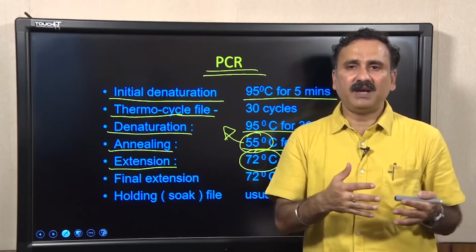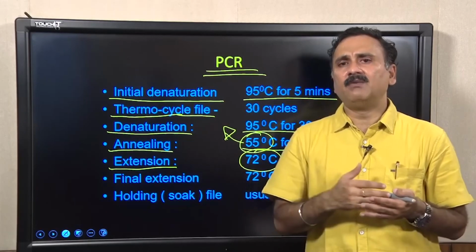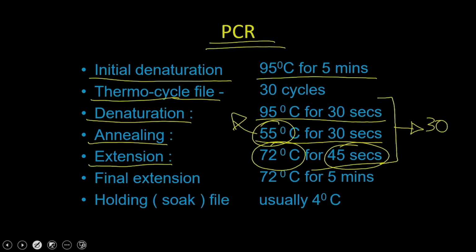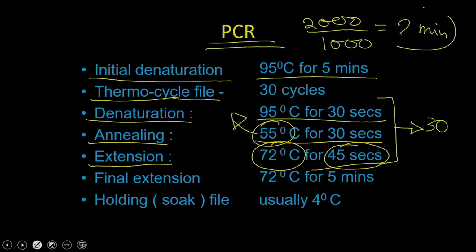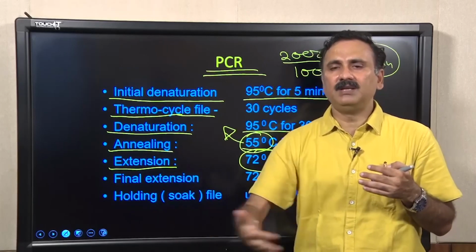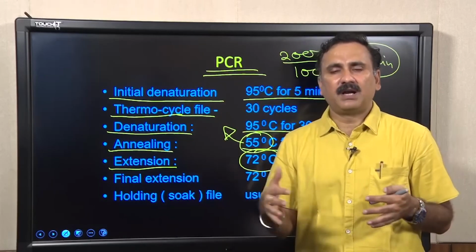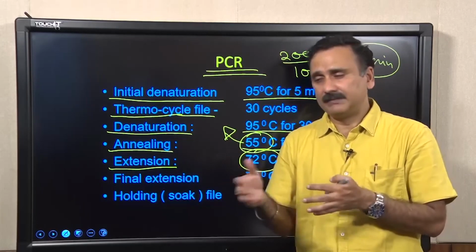For example, if I am amplifying a 2 kb DNA, then 2000 divided by 1000 gives 2 minutes, but the time should be slightly more than 2 minutes. So I will give 2.1 or 2.2, so that there is enough time for the enzyme to complete the extension process. Otherwise, a lot of amplicons will remain incomplete.